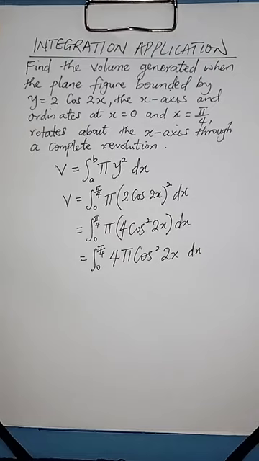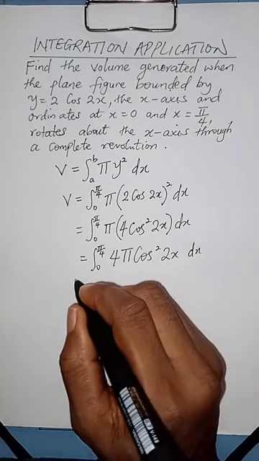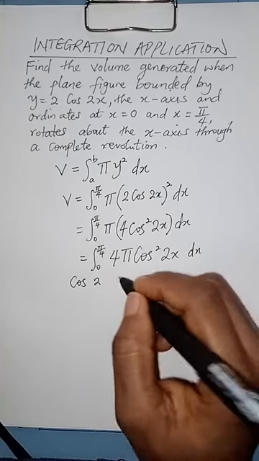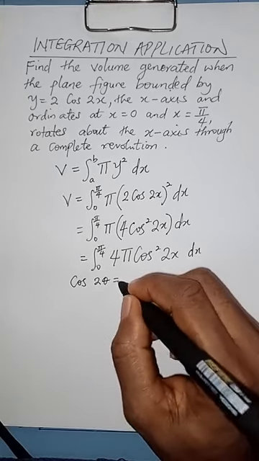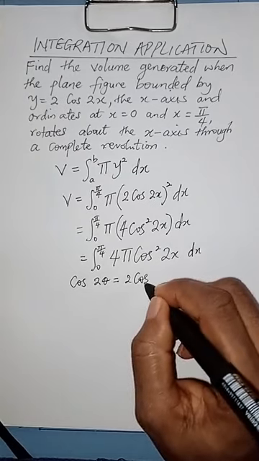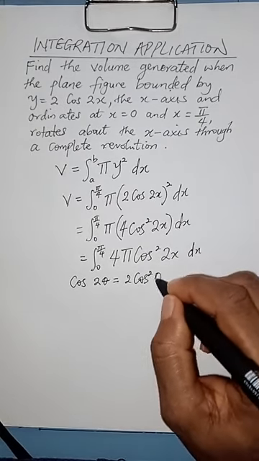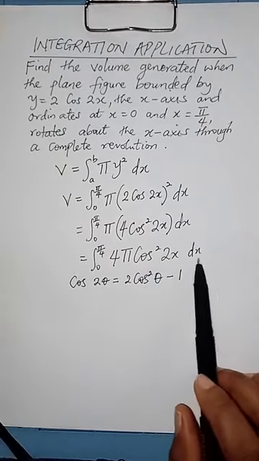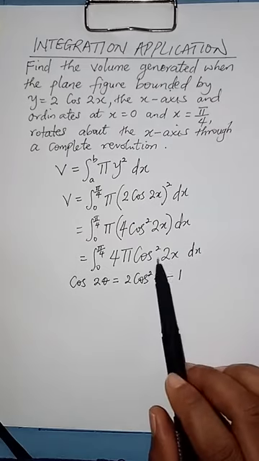Now, recall from trigonometrical identities, there's a value for cos 2 theta, and that's 2 cos squared theta minus 1. We're going to apply this in this particular expression.